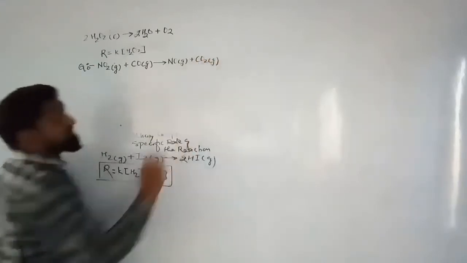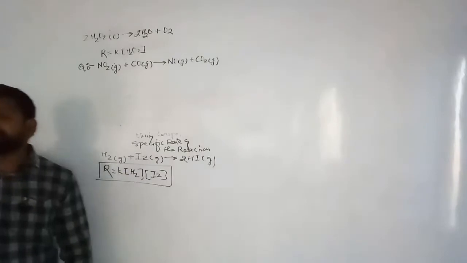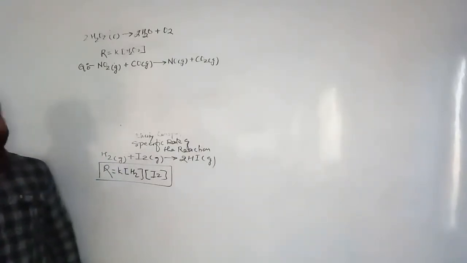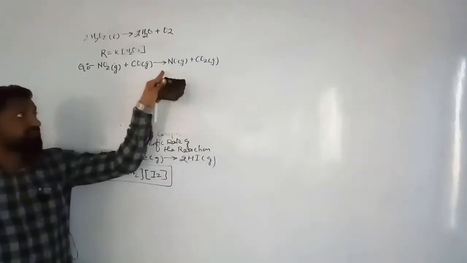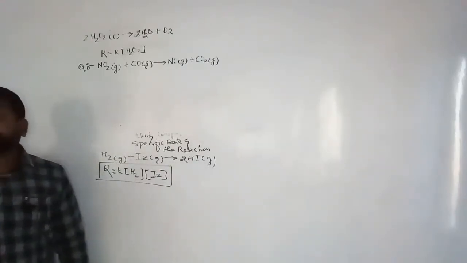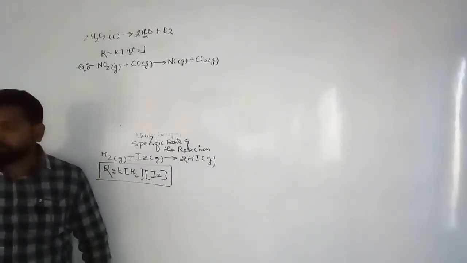Now this reaction is given to you and they ask us to write the rate expression or rate law, and they give a hint that the rate of the given chemical reaction depends only on the square of the concentration of NO2.